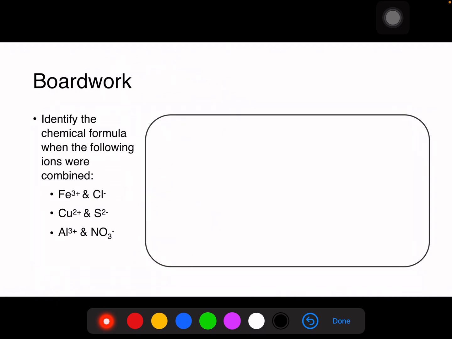Okay, let's try board work. Let's identify the chemical formula when the following ions are combined. So first one, Fe 3 plus and Cl minus.